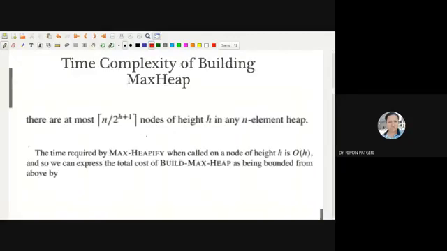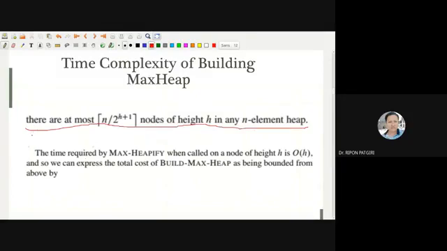Next, what is the time complexity? Can you read it? Yes, sir. So there are at most, the theorem is, this is just a snap clip that is copied and pasted from the Introduction to Algorithms book by Cormen. Entire this theorem is copied from the Cormen book.